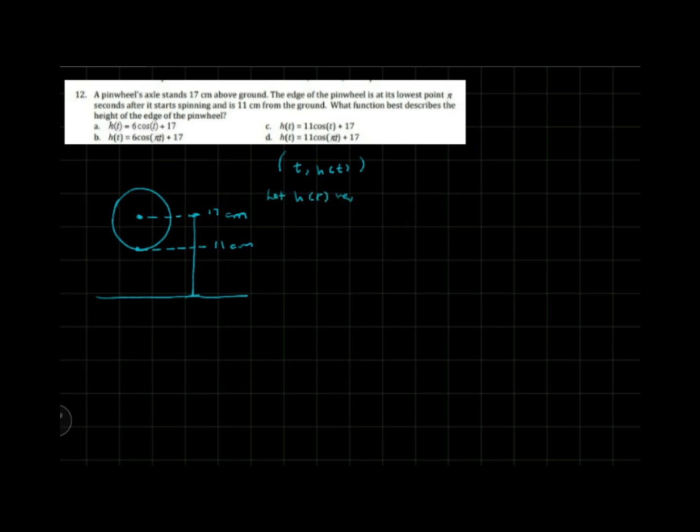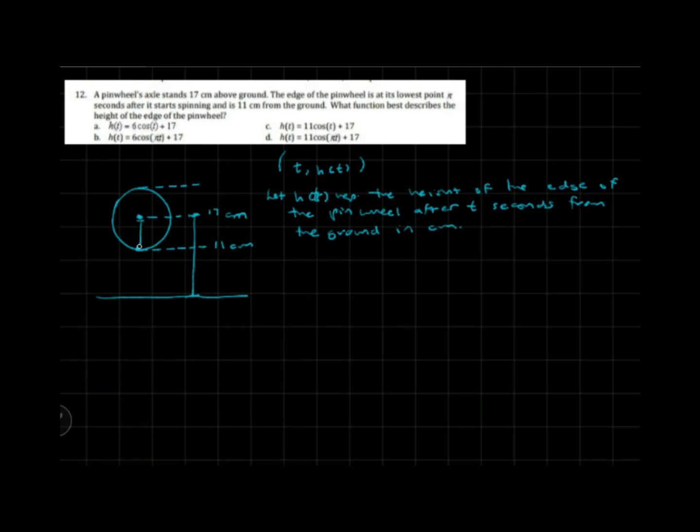Let h of t represent the height of the edge of the pinwheel after t seconds from the ground in centimeters, right? And this is what we're trying to figure out.